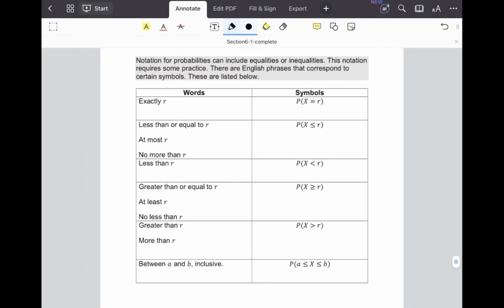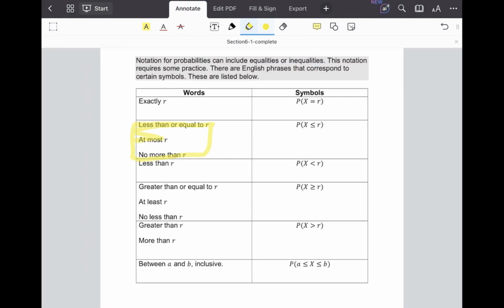Okay, now there's notation for probabilities, and these are going to be good for you to know for calculations. The ones that are kind of weird are the less than or equal to.